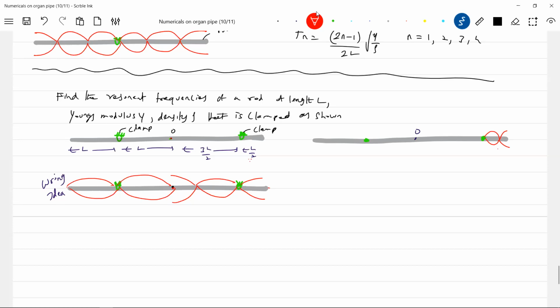If it is 1.5 loop, let's see whether it is possible or not, we'll check it. In a length, 1.5 loop. So 3 loops are possible here. L by 2 we have, so how much should L be? 3 loops. Again, antinode is a problem, no?